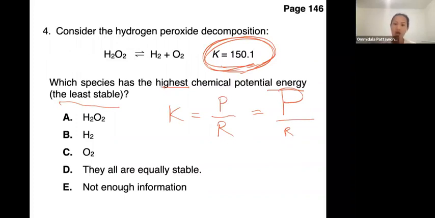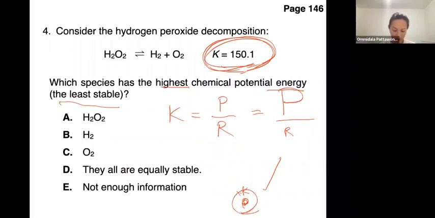It's already at equilibrium. Remember, the equilibrium is already at the lowest energy. If you think about the slides we talked about for Q and K, the reaction shifts toward the point where K and Q are equal to each other because this is at the lowest energy. At this lowest potential energy, you have more of the product than the reactant.